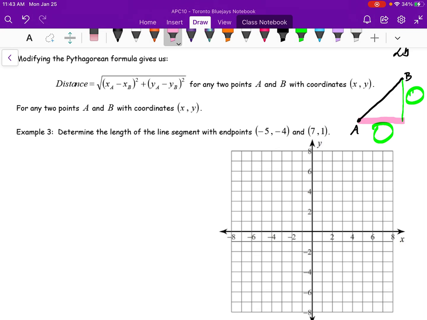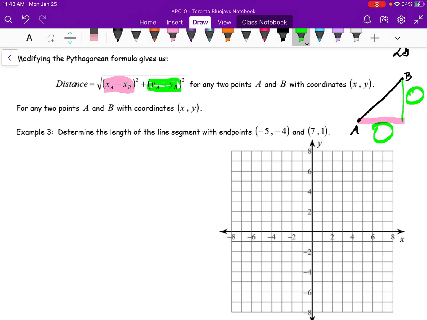So really, this expression replaces the change of x, or in other words, how long that horizontal line is. This part of the equation represents how tall is that triangle, or what is the length of the green lined segment. It's the exact same formula.